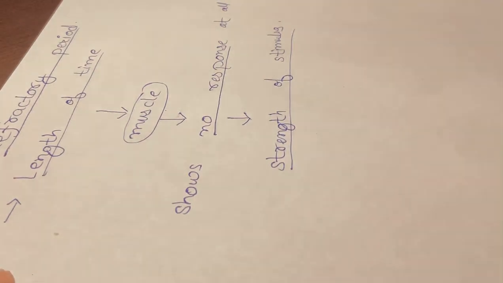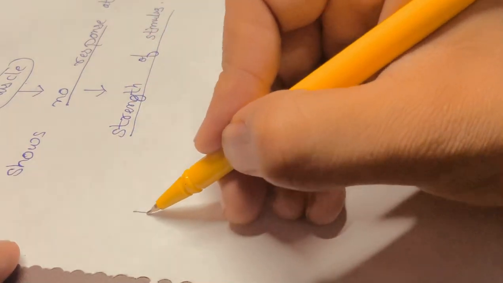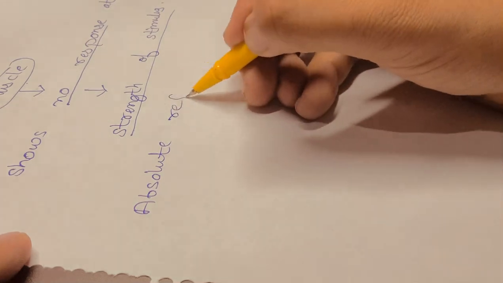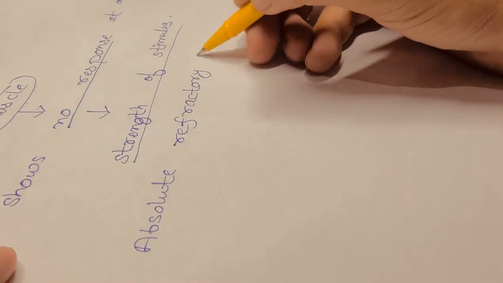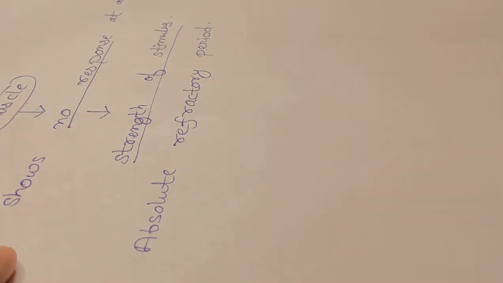Now what are the types, or what is the bifurcation of refractory period? Firstly, we have the absolute refractory period. Absolute refractory period is that length of time in which the muscle shows no response to a stimulus at all, whatever may be its strength.